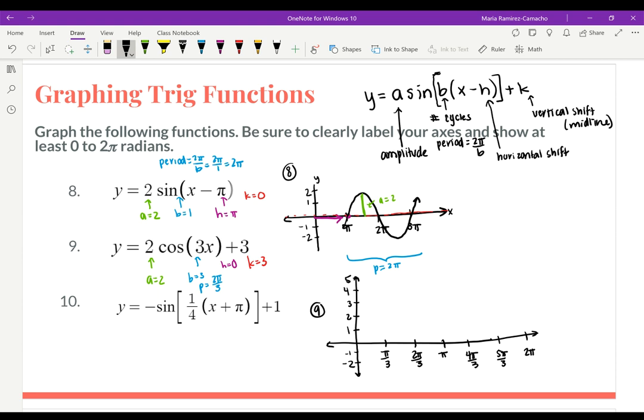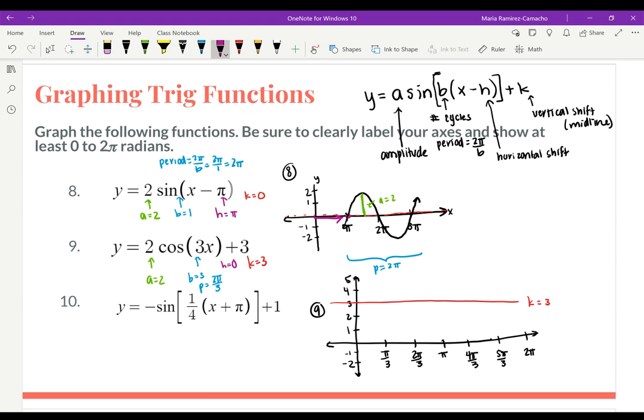Okay, I'm going to start with my midline at 3. What this means is that my sine wave, or my cosine wave in this case, because it is cosine in our equation, needs to be going through this line. No horizontal shift, so we are just starting right on the y-axis.